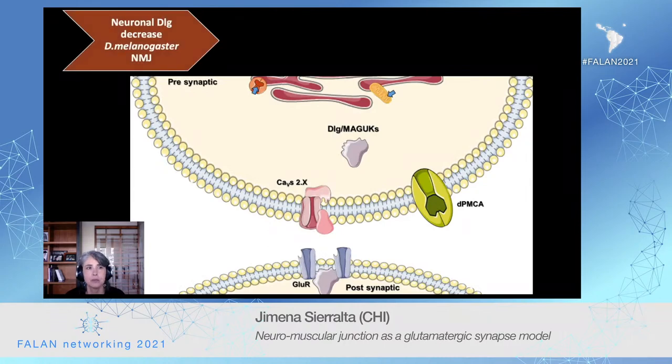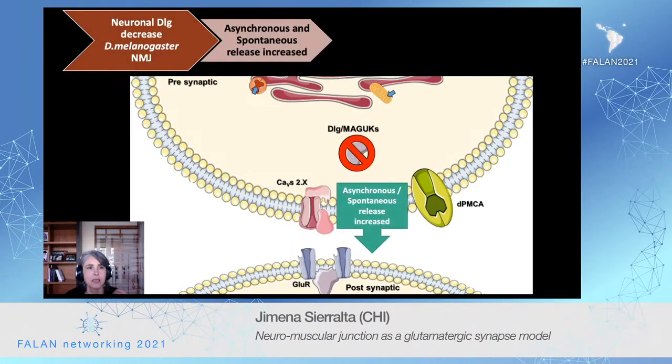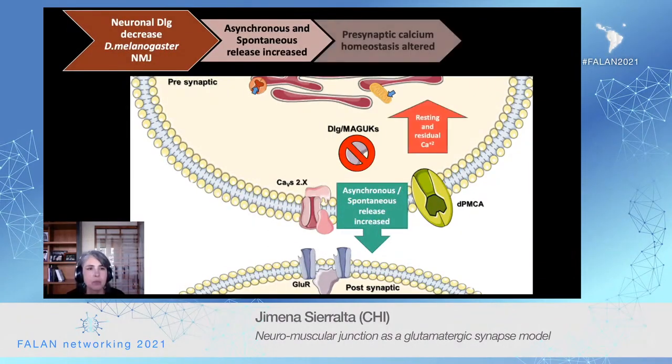Thus, neuronal DLG decrease increases the asynchronous and spontaneous release, which is a reflection of the presynaptic calcium homeostasis that is altered.